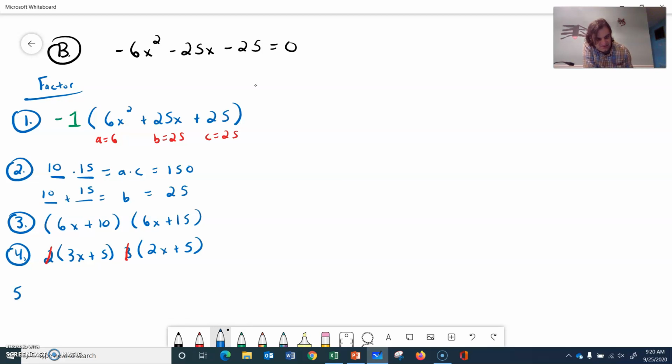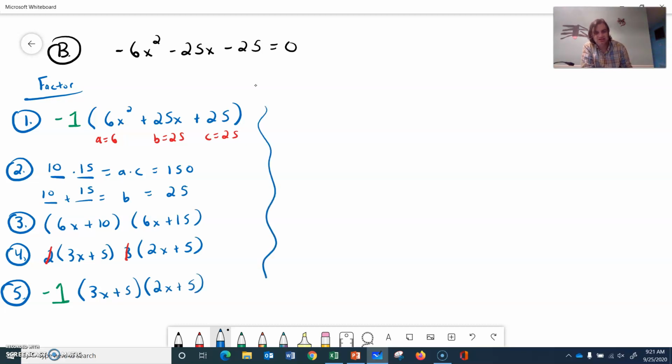Coming back to finalize our factoring, we had that negative 1 that we can just write as a negative, but maybe the 1 there will help emphasize it. Times 3x plus 5 times 2x plus 5. Okay, so we factored all that out, so now I want to solve it.